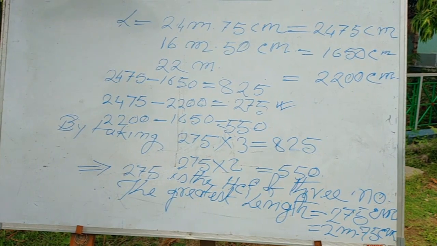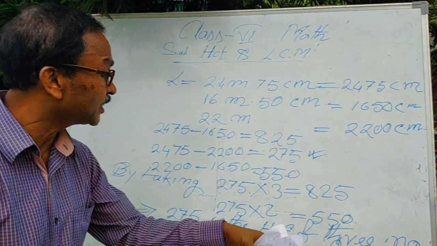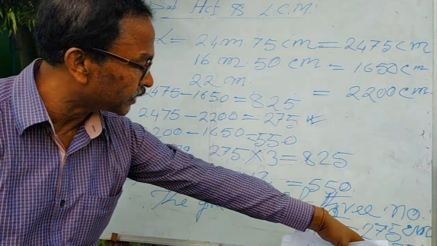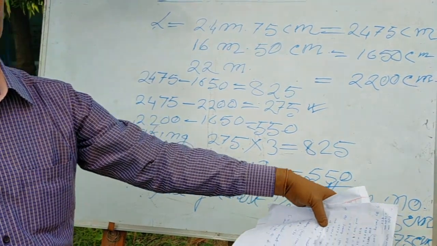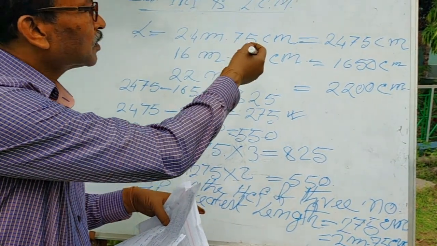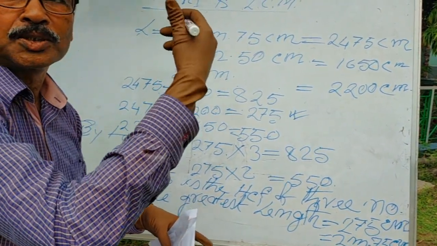That is the minimum length or the highest. If we take the length of each piece 2 meter 75 cm, then no length of these three ribbons will be destroyed.